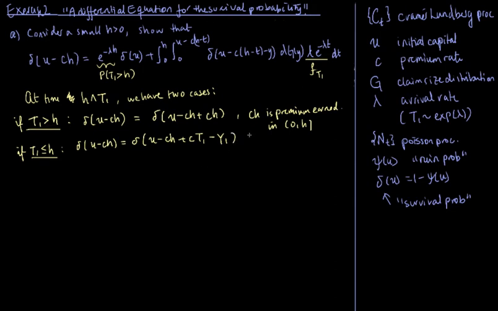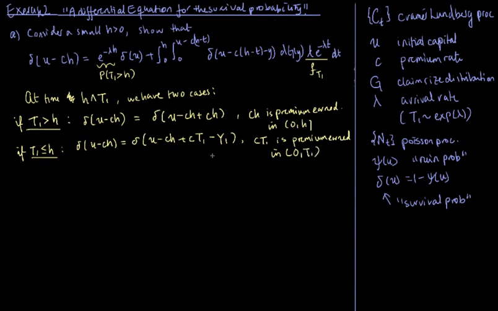And there are a few things we note here. One is that c t1 is the premium earned in the time interval 0 to t1.